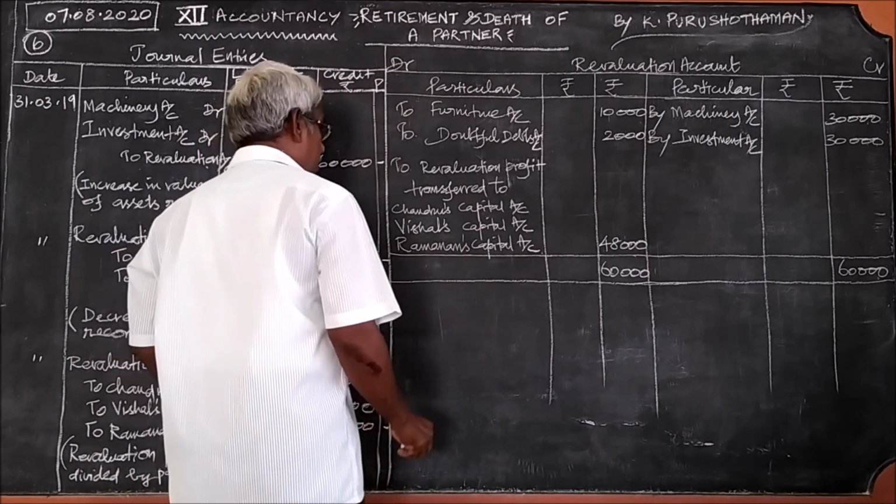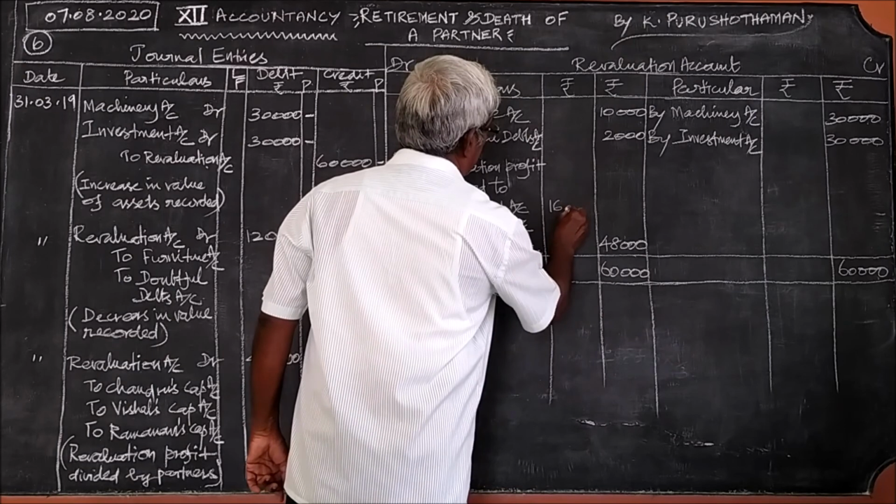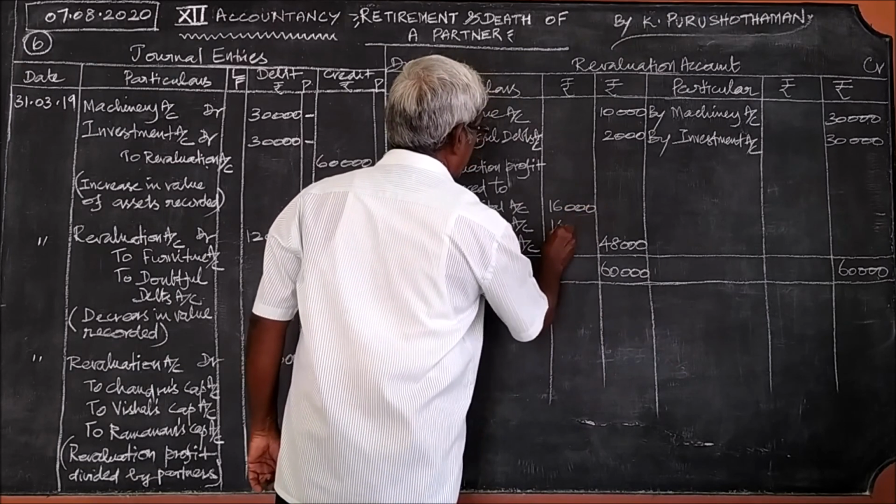So that is each 16,000, since they are equal partners.